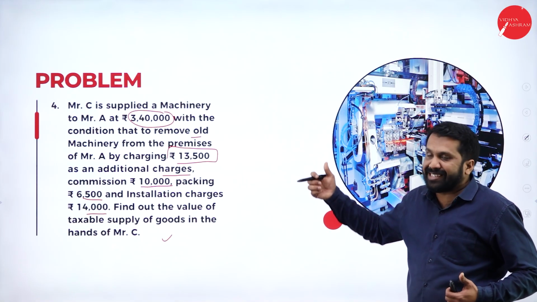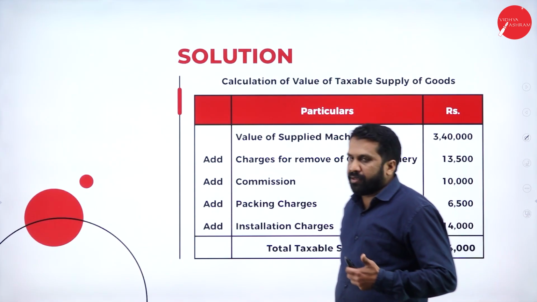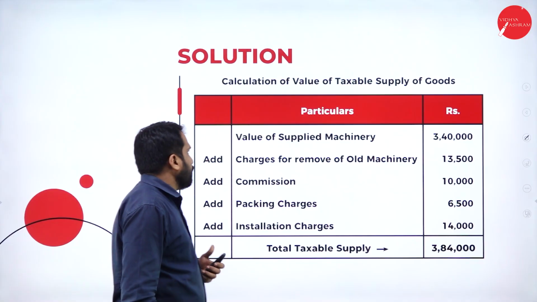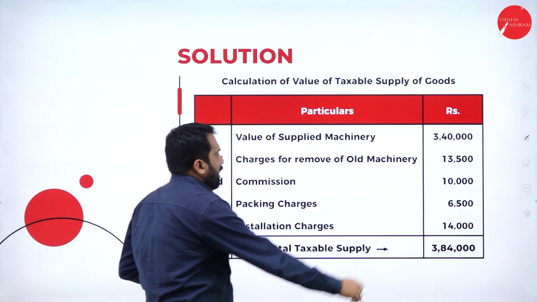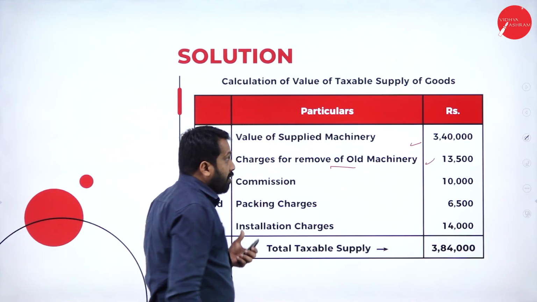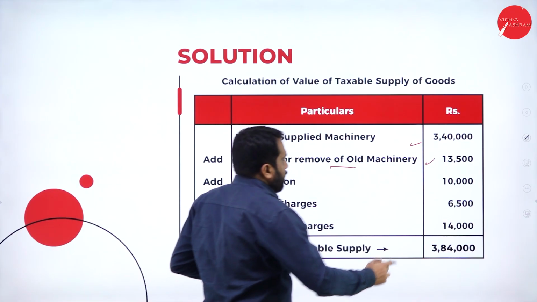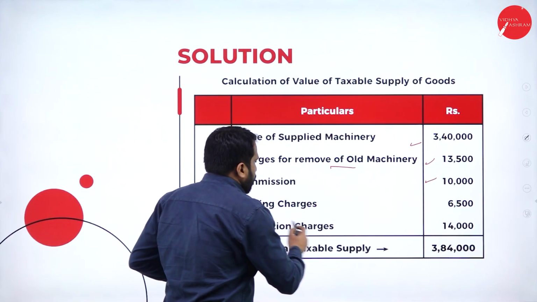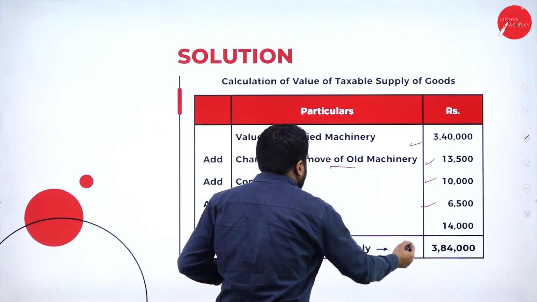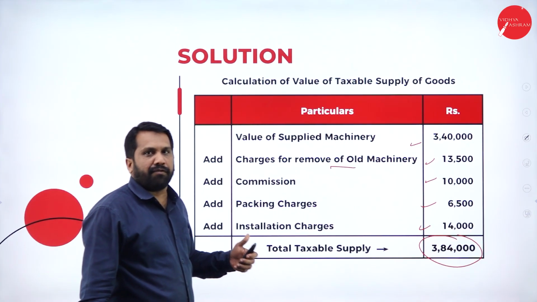Whatever incidental charges, we have to add them. The value of goods is 3,40,000. Charges for removal of old machinery are also part of the value of supply. Then commission, packaging and installation. The total value will be 3,84,000.